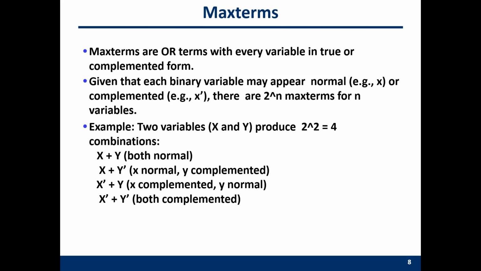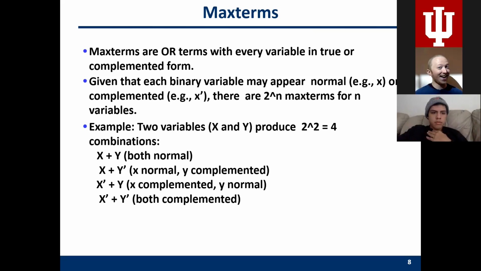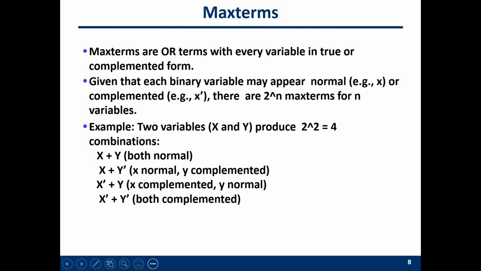Then if we have 2 variables, x and y, we can have 4 combinations: x or y, x bar or y, x or y bar, x bar or y bar.